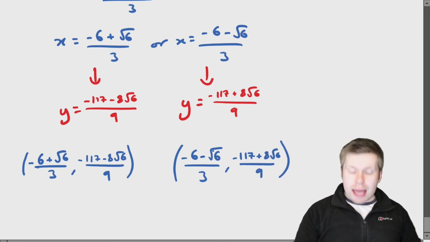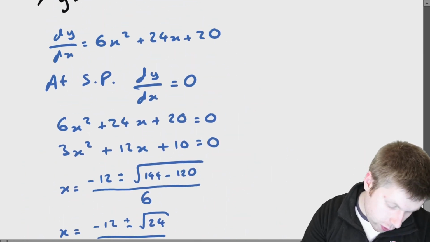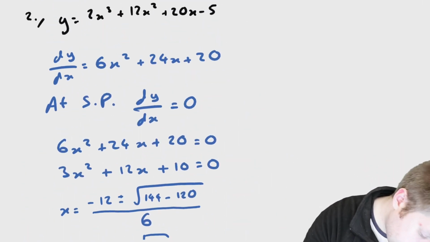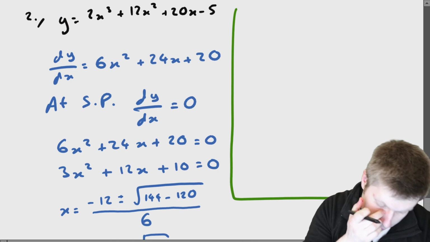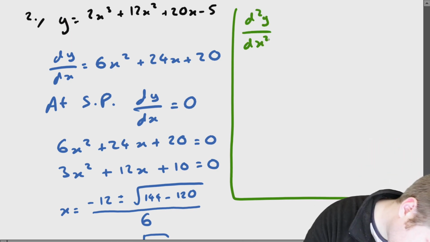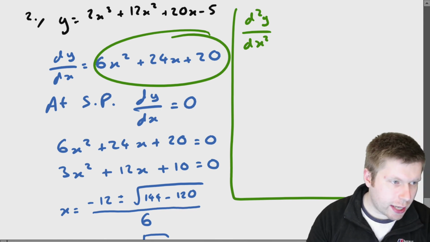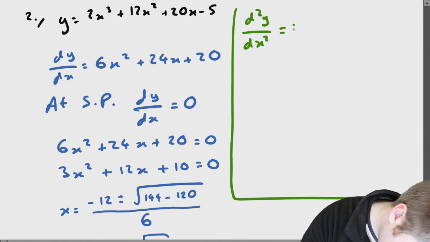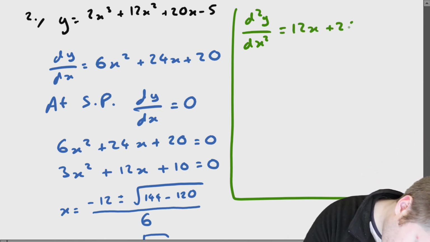Now to determine the nature of the stationary points, and again, I'm just going to do it up here, I need to differentiate again and then stick in my relevant x values, okay? So if I differentiate again, so d2y by dx squared, I get 12x plus 24, okay?